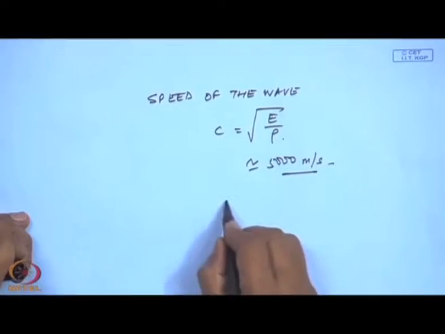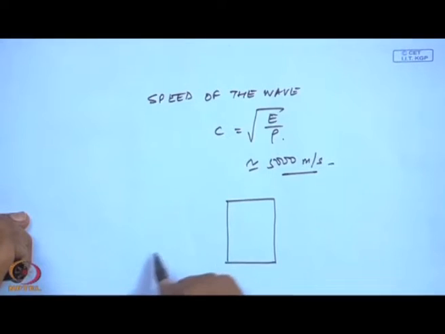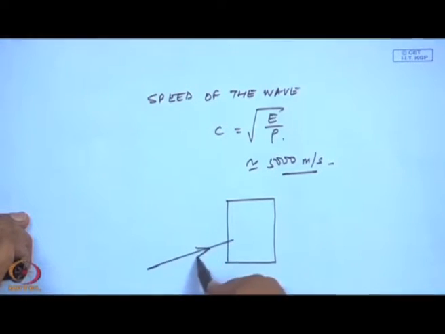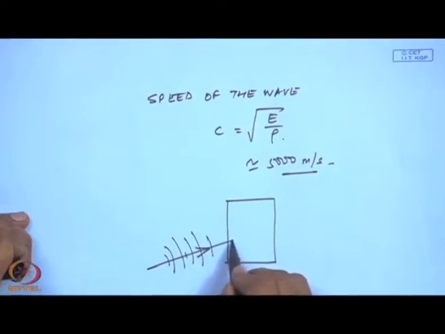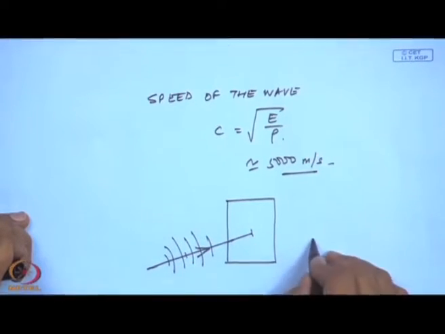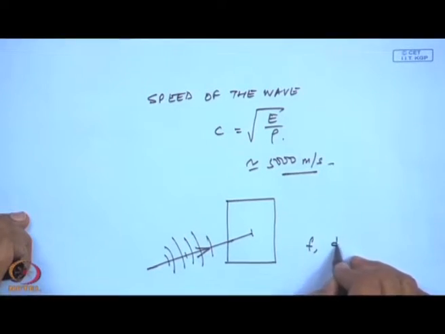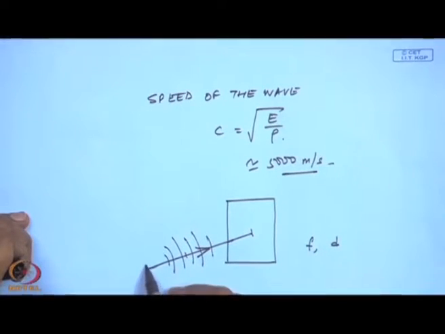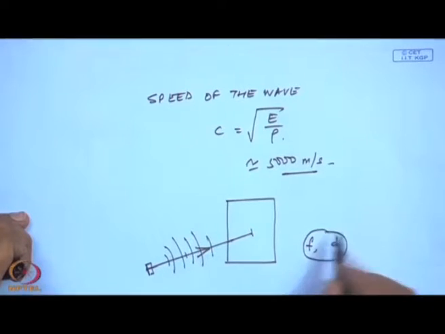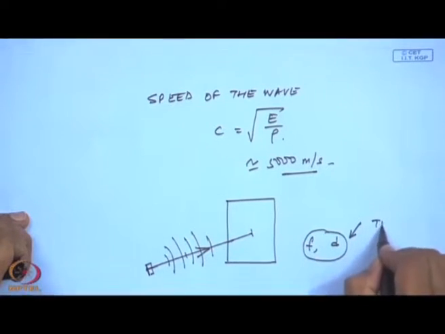Suppose this is an ultrasonic wave front going in this direction, and there is a certain depth to which it can go. That depends on the power of the ultrasonic wave, the frequency of the wave, the diameter of the wave and so on. So, that is what is used in the transducer design.